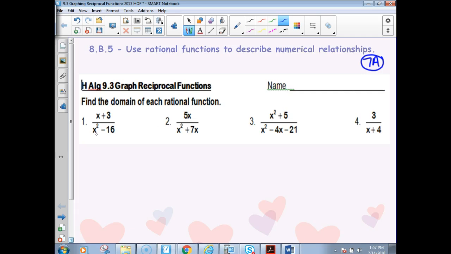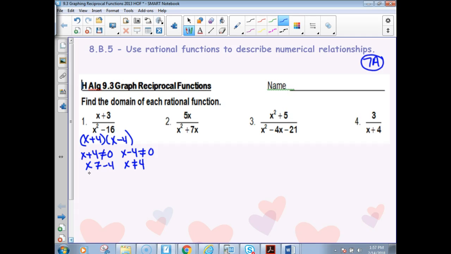So there is a variable in this denominator. To find out the values that x cannot be, we would need to factor the denominator and then say what makes the denominator 0. So x plus 4 can't equal 0, and x minus 4 can't equal 0, which means that x can't equal negative 4, and x can't equal positive 4.